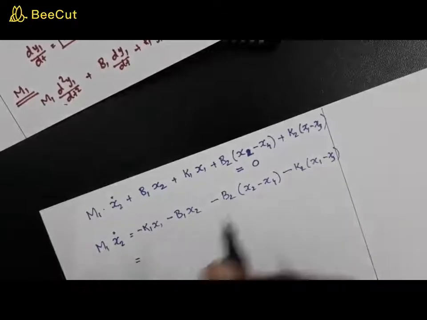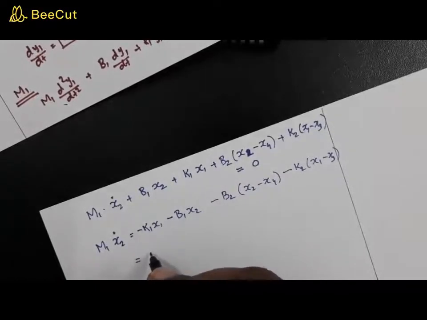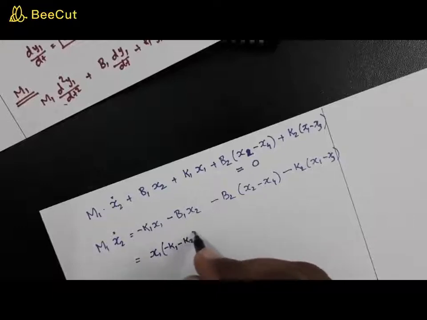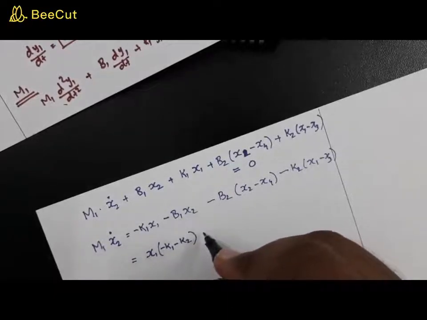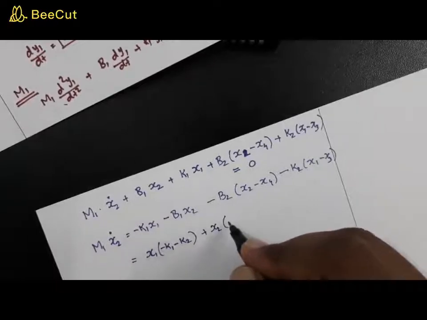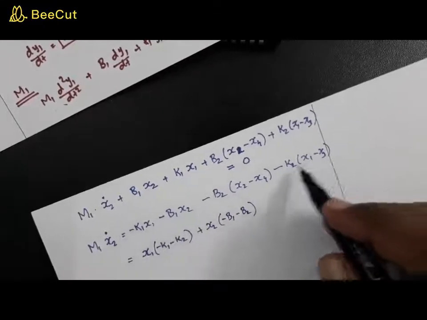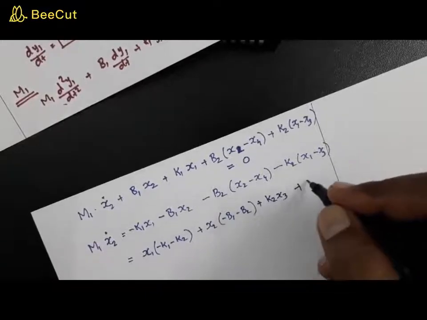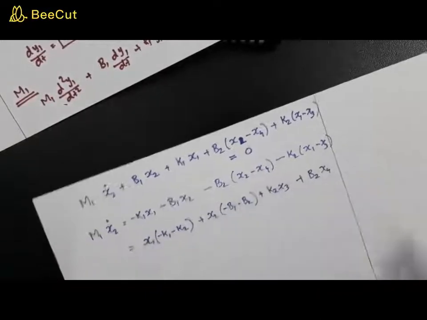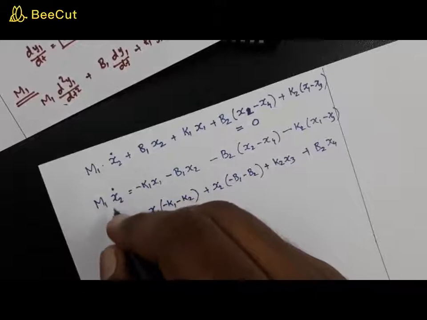Bringing together the x1 terms, you get x1 into minus k1 minus k2, right? Then x2 into minus b1 minus b2. Then x3: you have an x3 over here, so this will be plus k2 into x3 plus b2 into x4, right? And this is actually your m1 x2 dot.